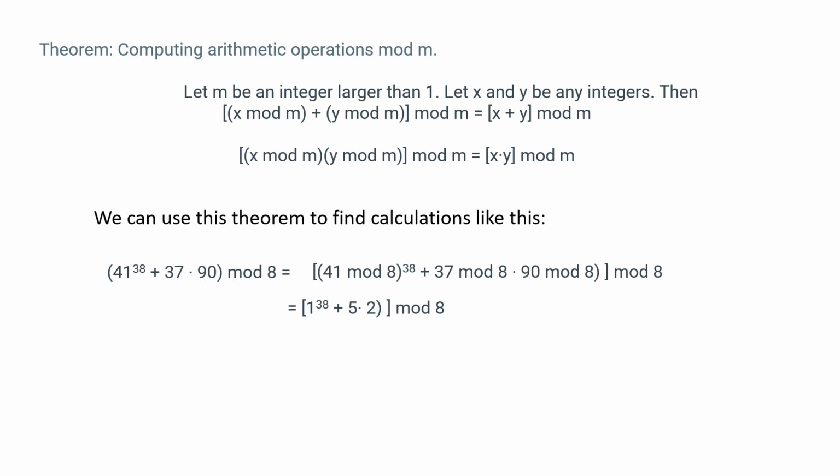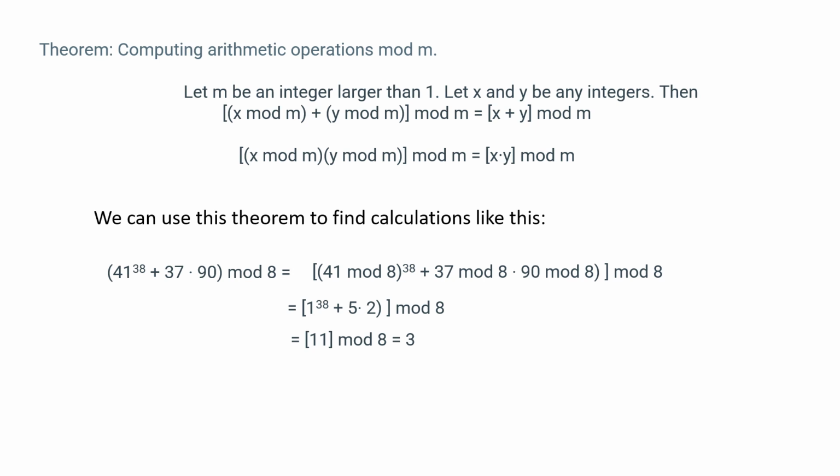And then the 37 mod 8 would give us a 5. The 90 mod 8 would give us a 2. So now we have a much simpler calculation. We would have the 1 plus a 10, which gives us an 11. And then we apply mod 8 again, and so we end up with a 3.